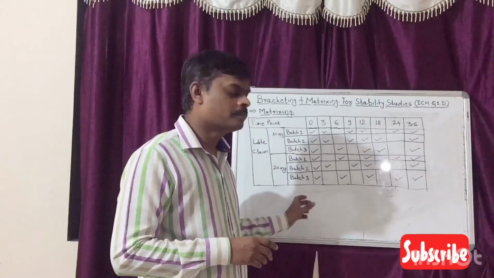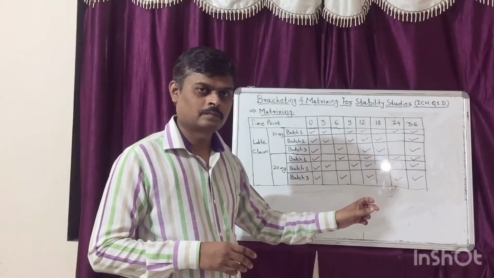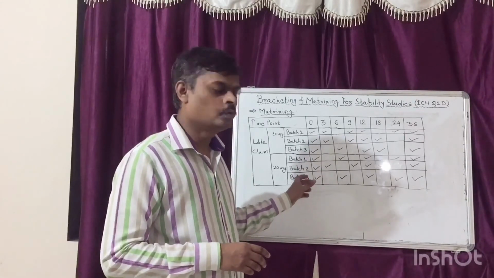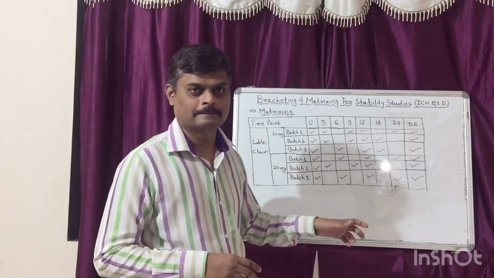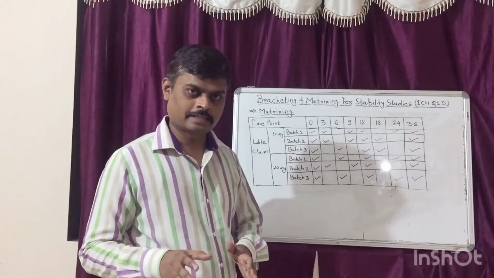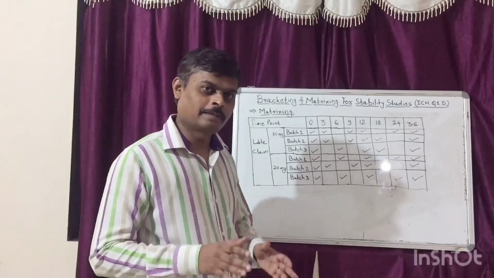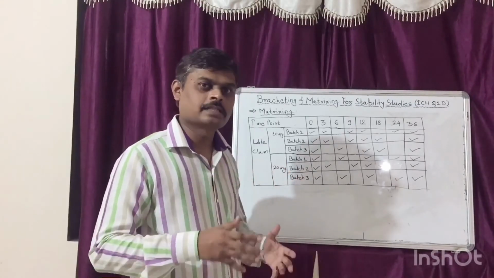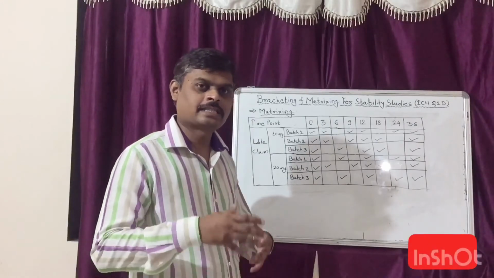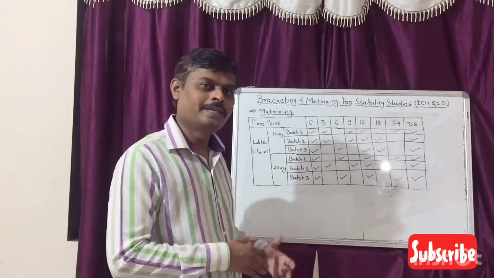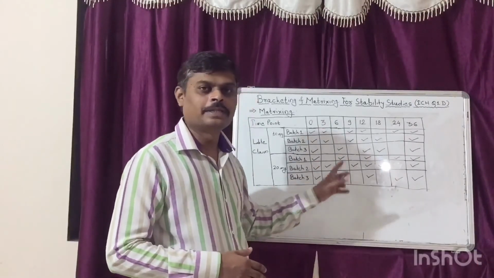So if any of the strengths fails to meet the acceptance criteria of the stability study, in that case the shelf life of the least stable strength would be assigned to the intermediate levels.